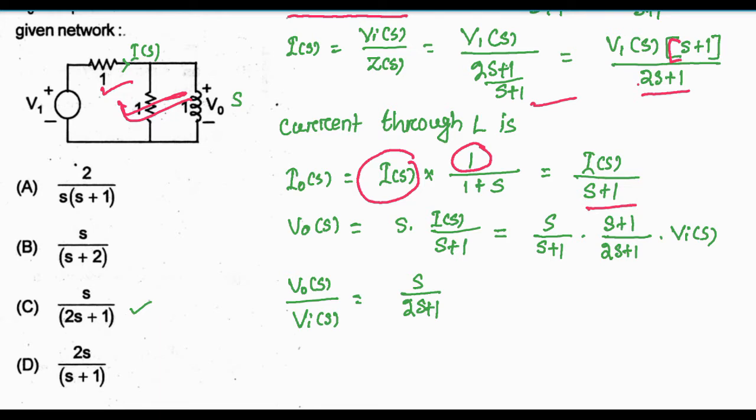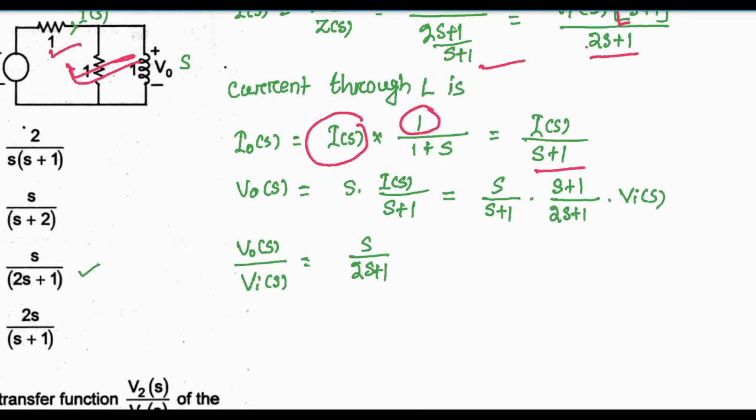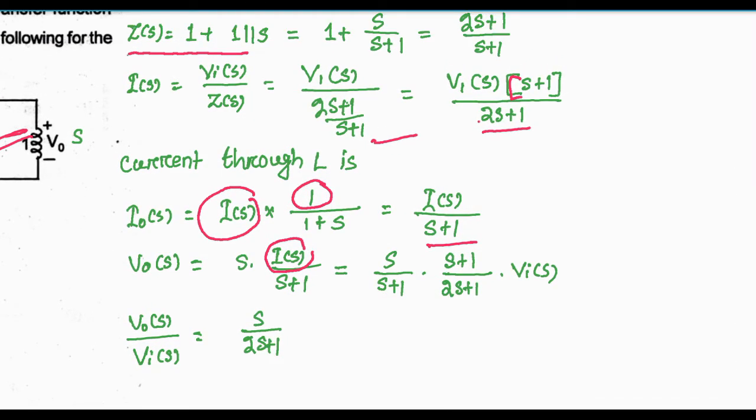So what will be V0(s)? V0(s) is s into Is/(s + 1). Now what will be the transfer function? V0(s)/Vi(s) will be equal to, here V0 is s into Is/(s + 1), and what is Is we have found already.